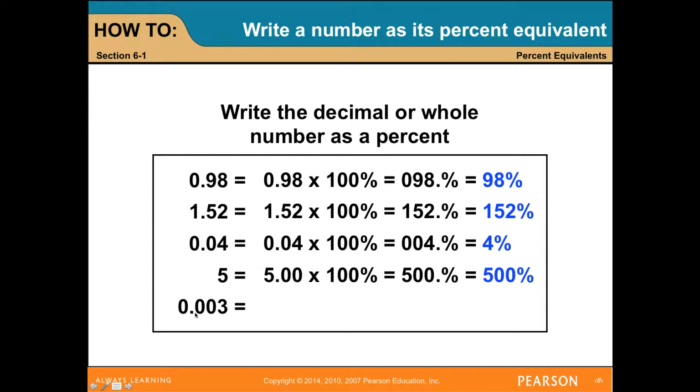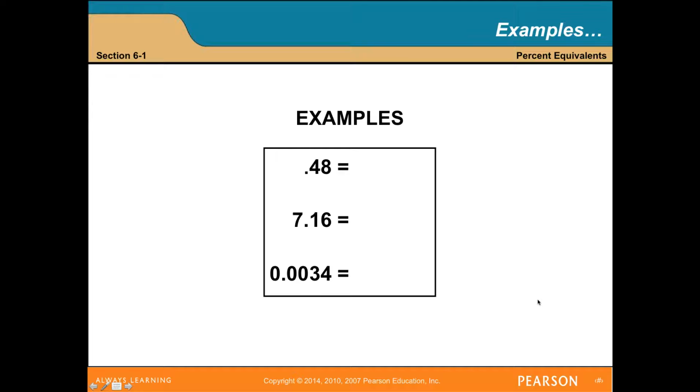And then 0.003 is going to be 0.3%, and they didn't add the percent sign, but pretend like there's one there.